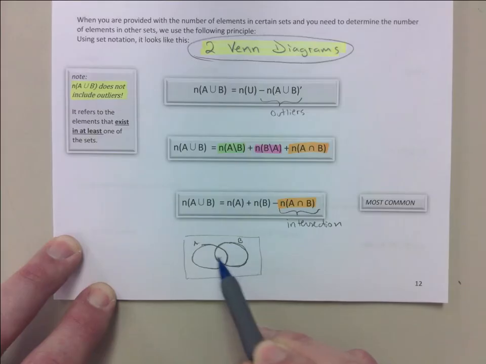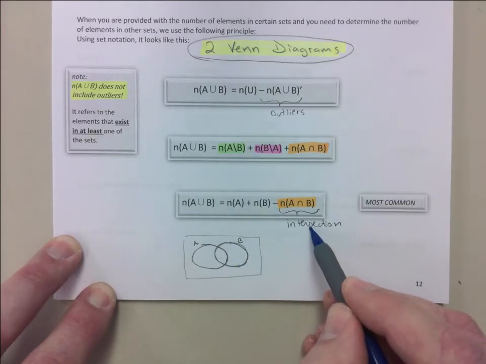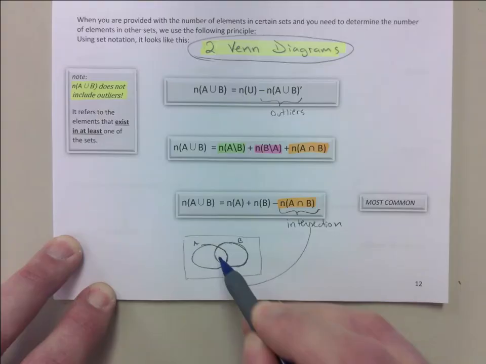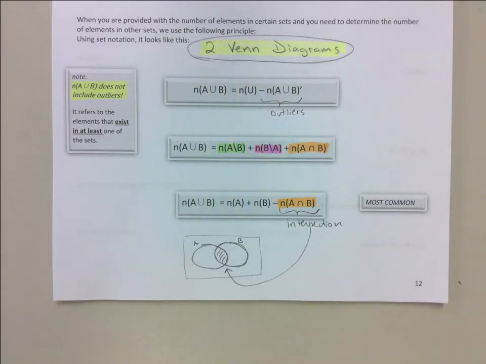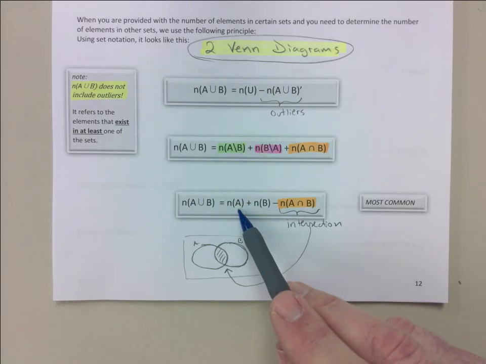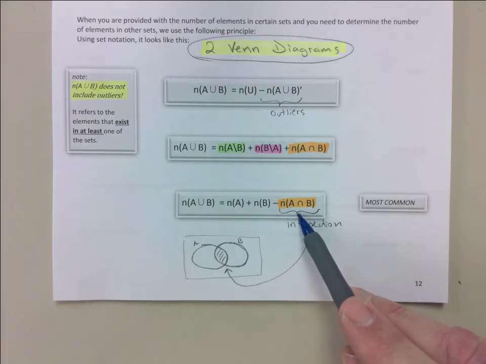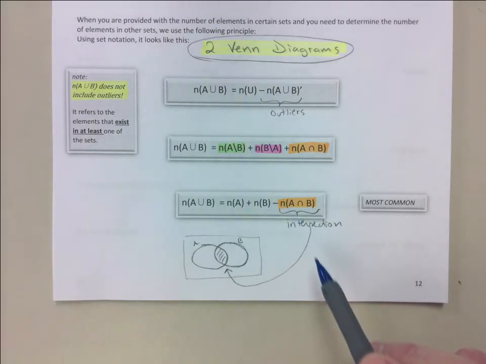So the intersection, we need to subtract it. We need to take that away so that we're not double counting. So if you're taking all of A, all of B, and subtracting the intersection, that is the case.